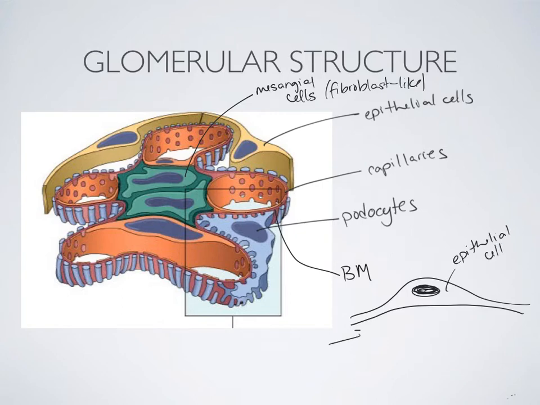This is going to be the urinary space, or the filtrate space. And then down here, I'm drawing the cell body to give you the idea that this is a cell. This is a capillary cell.